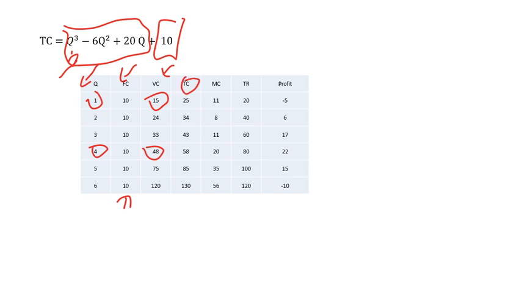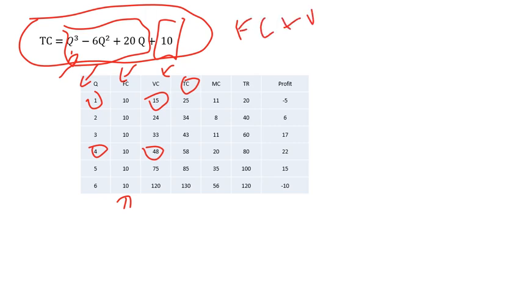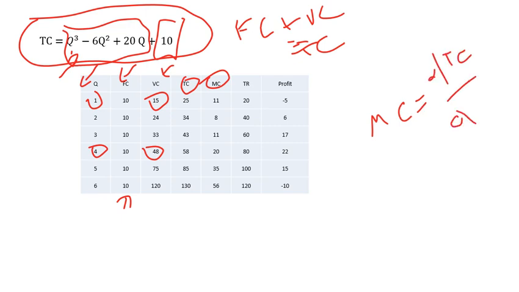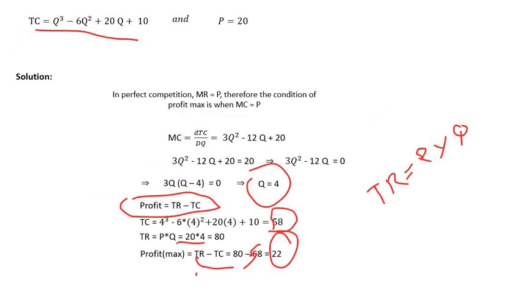For TC, we can replace the value of Q in this function, or we can just simply make it FC plus VC. This is the TC. Then we have here MC, marginal cost. For marginal cost, you can use the marginal cost function, which is the derivative of TC with respect to Q, as we found it here.